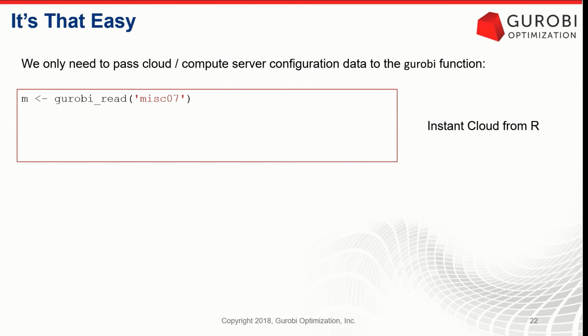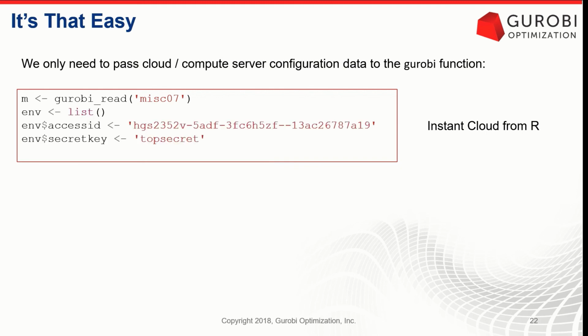Using remote services is very easy from within R. So let's just read in an example model from the distribution. And what we do now is we set up a new list called cloud, and we populate it with the access data for the cloud service.